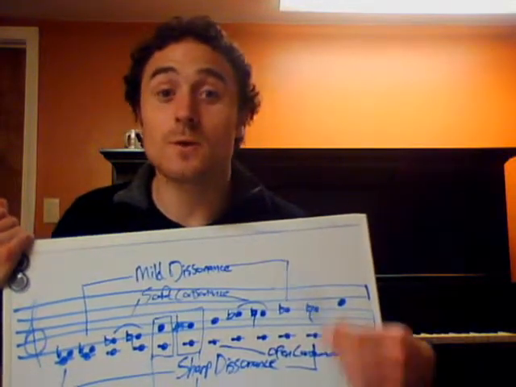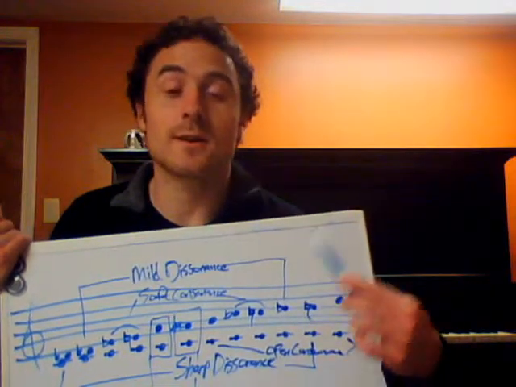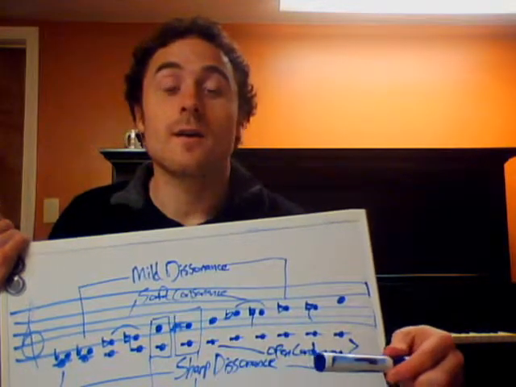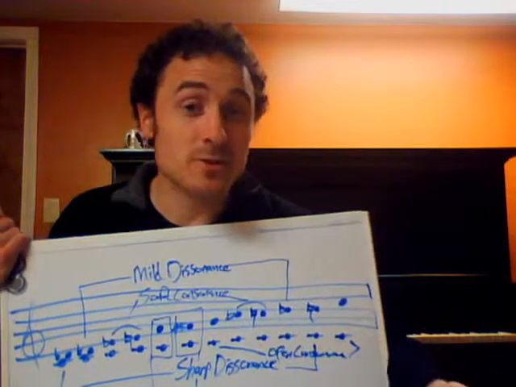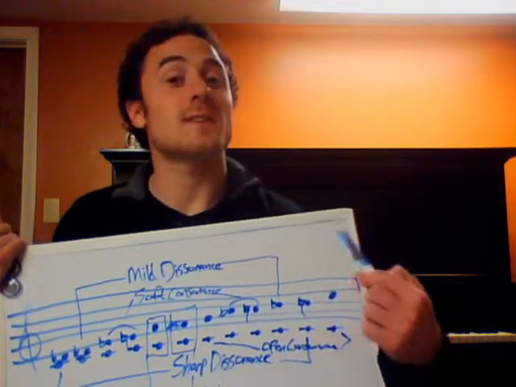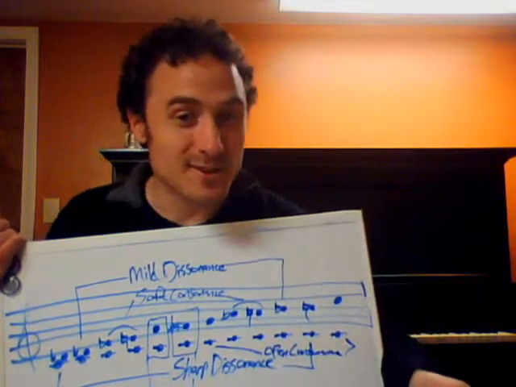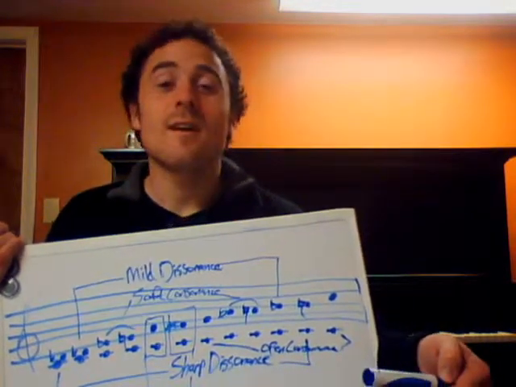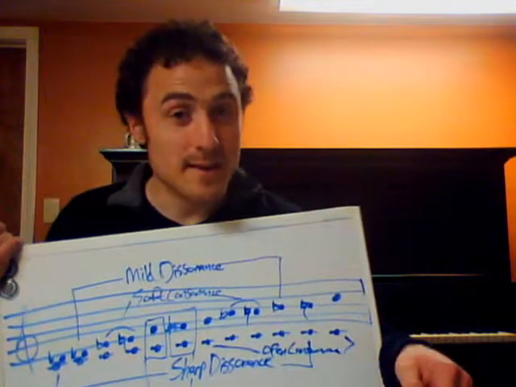Just like when I was showing you the staff, the treble clef is actually just a mirror image of the bass clef. It's just a direct inversion from one clef to the next.